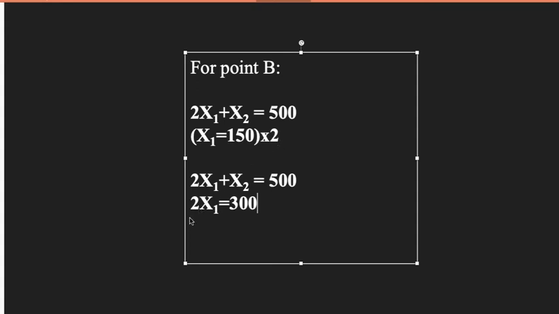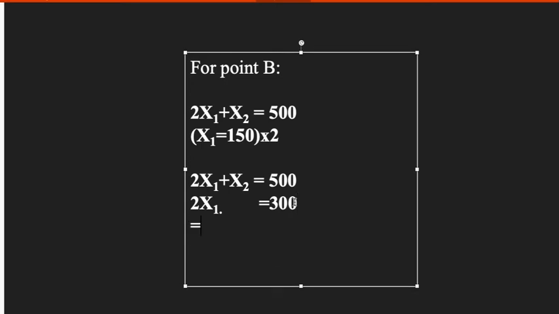We are going to put a minus here, so these two terms will get cancelled, 2x1 and 2x1 will cancel. We have x2 is equal to 500 minus 300, and hence we get the value of x2 is equal to 200.